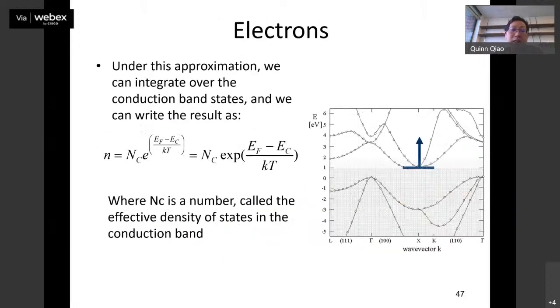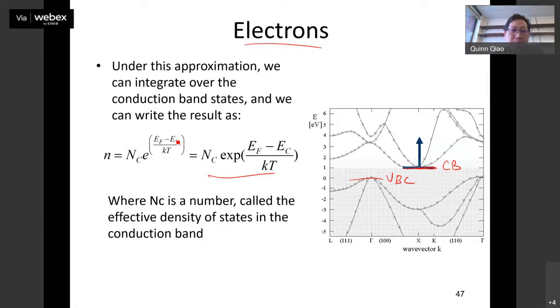Similarly, this is the sphere of electron, this is the CB and this is the VB. Then this is the equation to calculate the CB, because NC is multiplied by that.